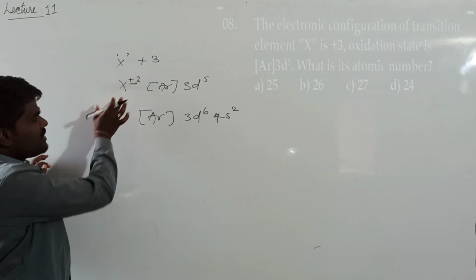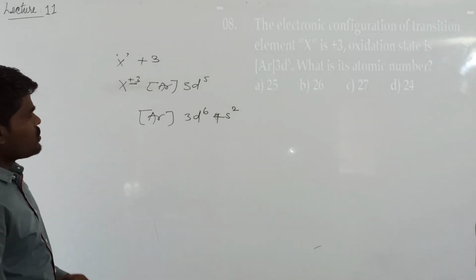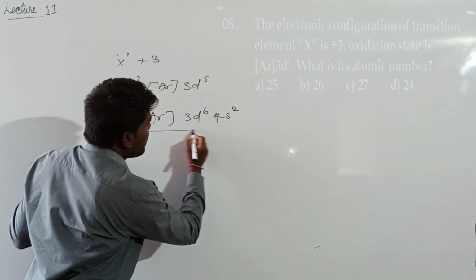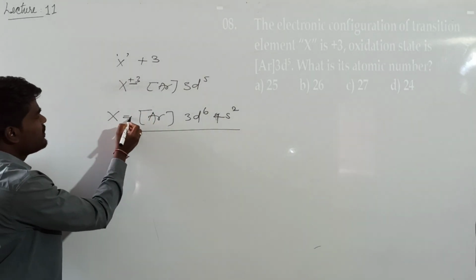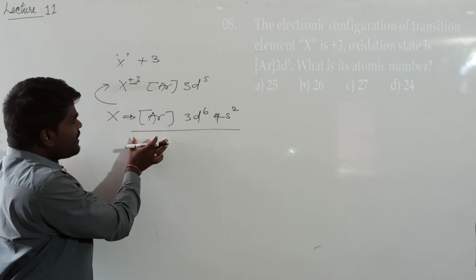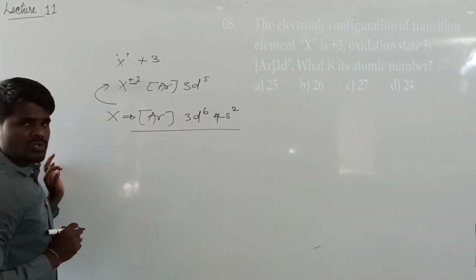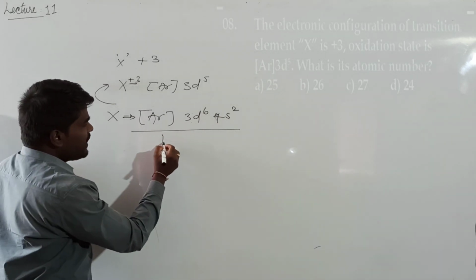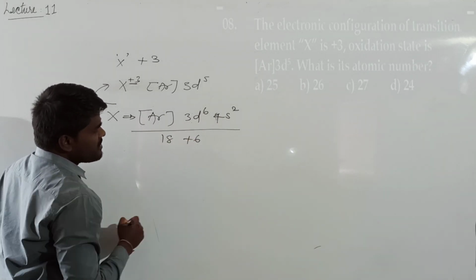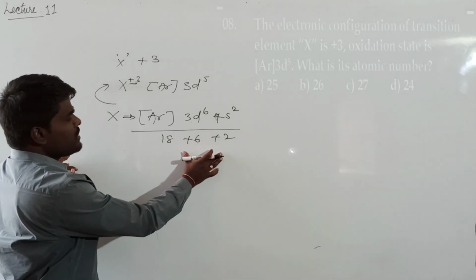If you add these 3 electrons back, to find the atomic number you have to find the neutral atom. So this will be the electronic configuration of X, and this will be the electronic configuration of X+3. So what is the atomic number of X here? Argon 3d6 4s2: argon is 18, plus 6, plus 2. How much does it come to? It comes to 26.